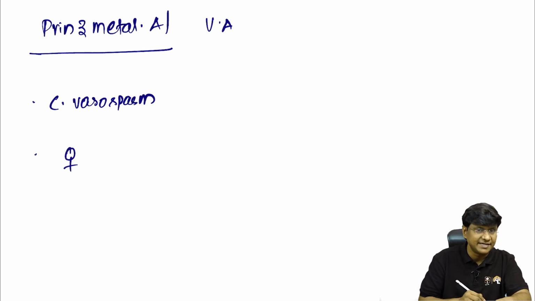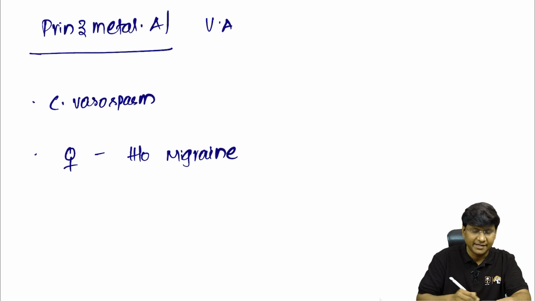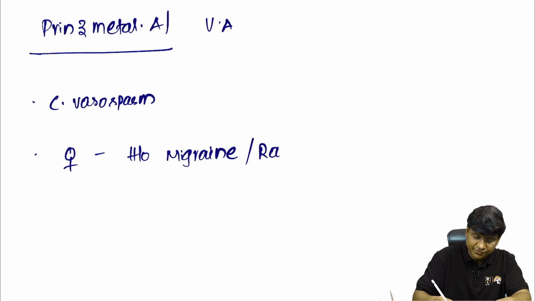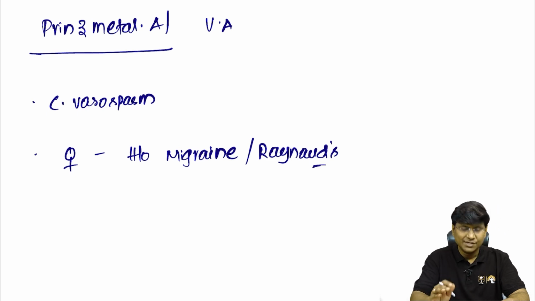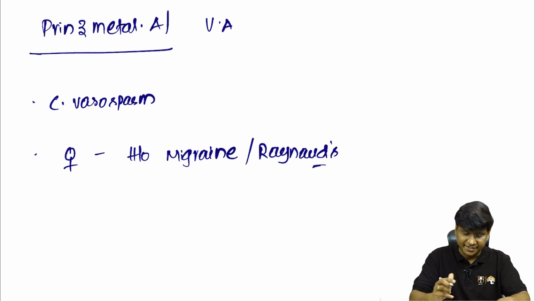One is the female gender itself, and that too females with a history of migraine, right? Females with a history of migraine or Raynaud's phenomenon. So these are the risk factors for the development of Prinzmetal angina or variant angina.